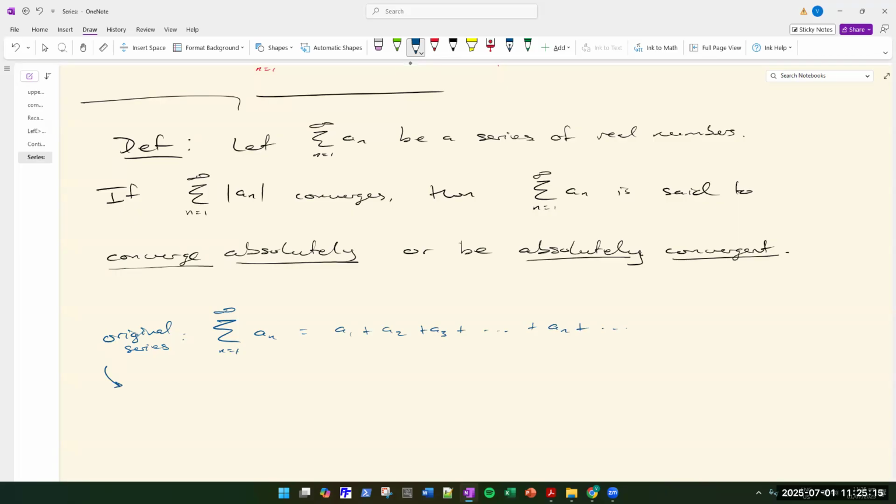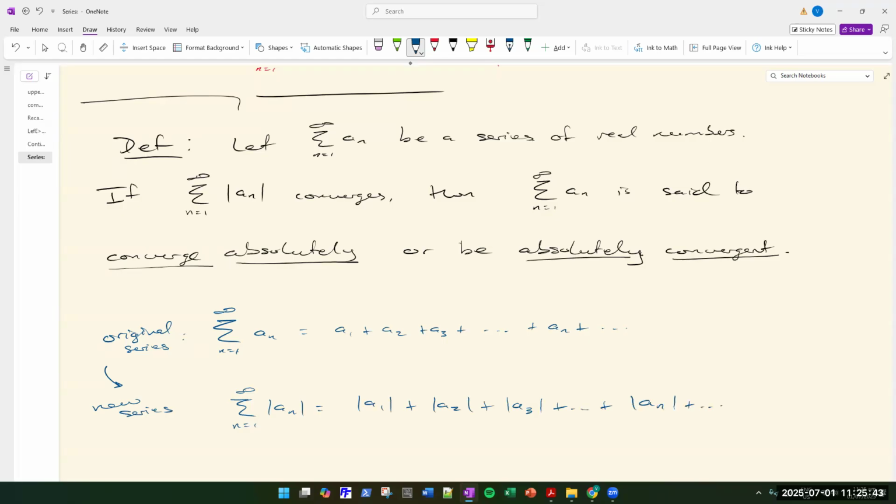From this, we form a new series, where instead of adding up the A's, I'm adding up their absolute value. So modulus of A1 plus modulus of A2 plus modulus of A3.